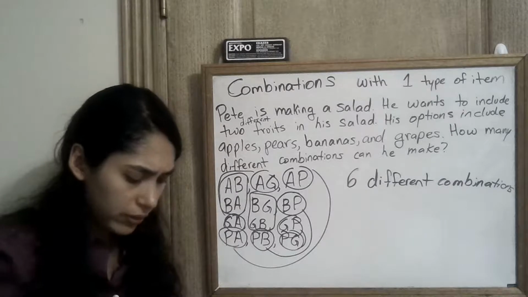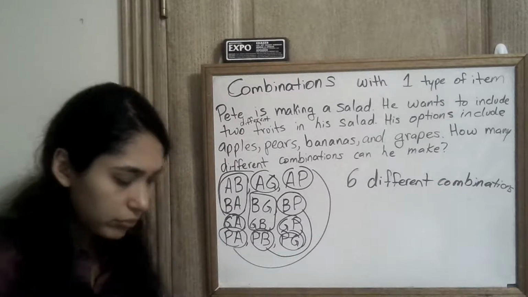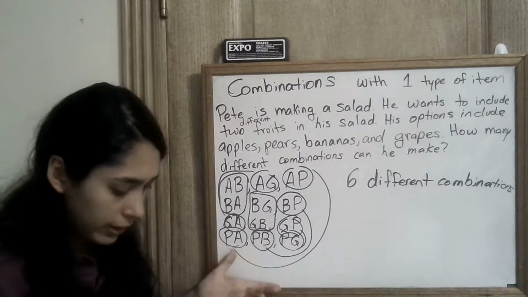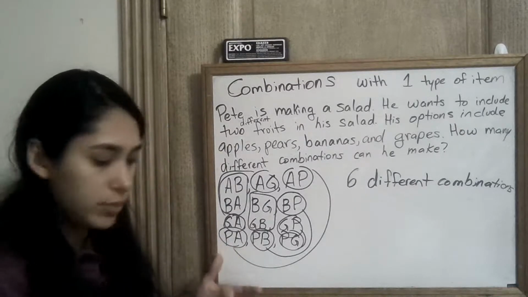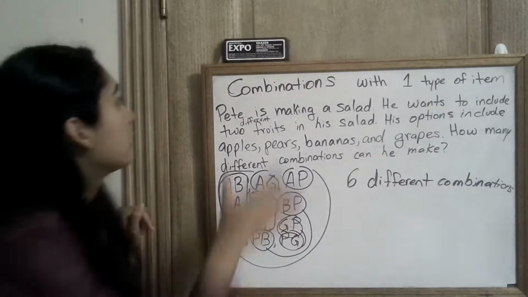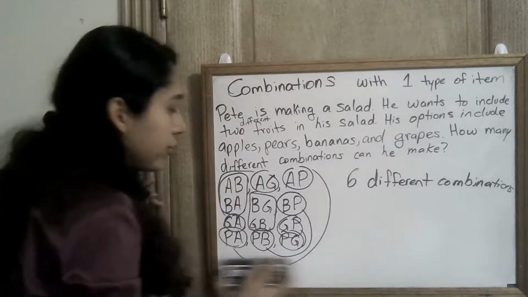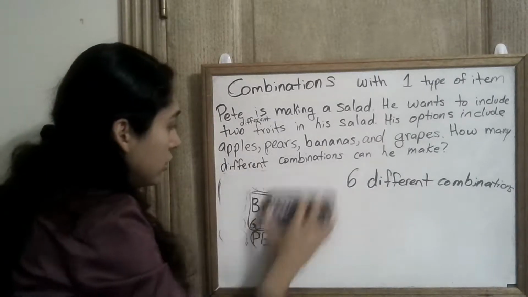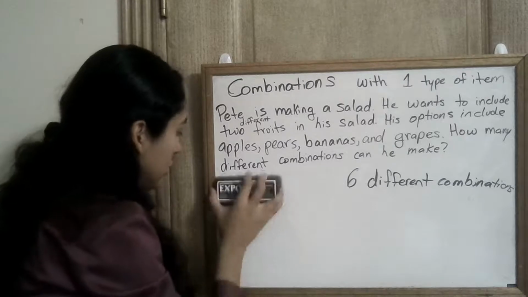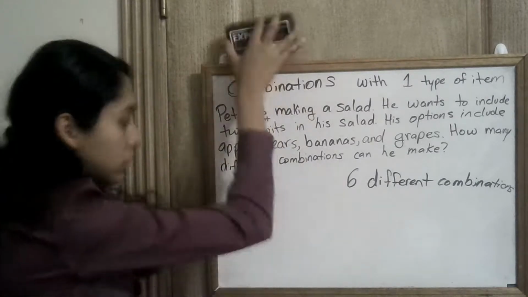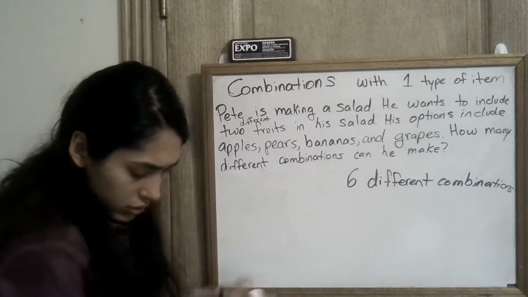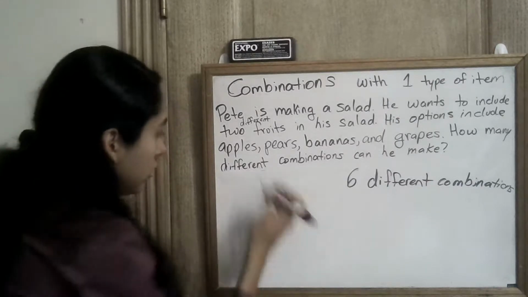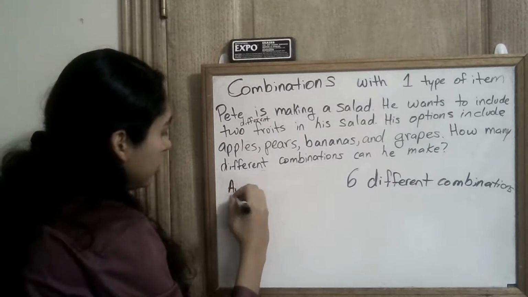So here's another way we can go ahead and do that. We can go ahead and do a graph. I mean a different kind of visual representation. So let me go ahead and erase this. Here we're going to say apples.